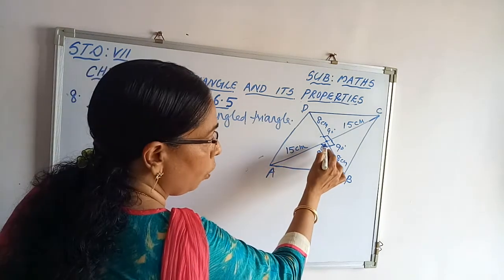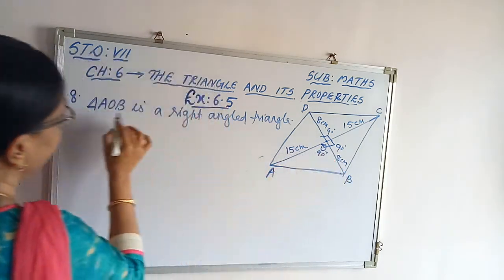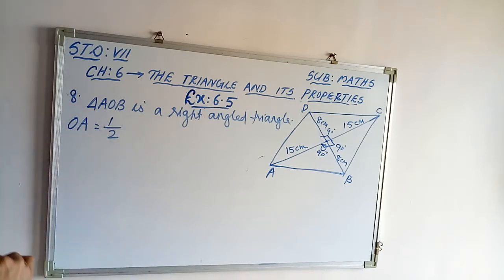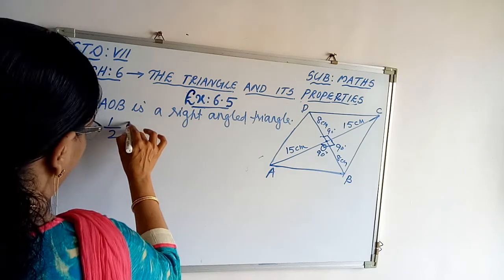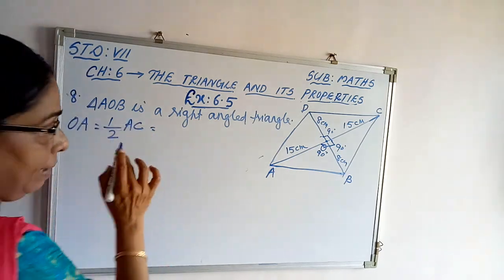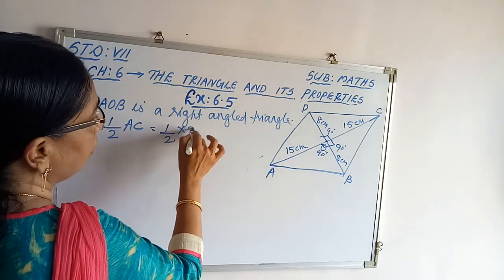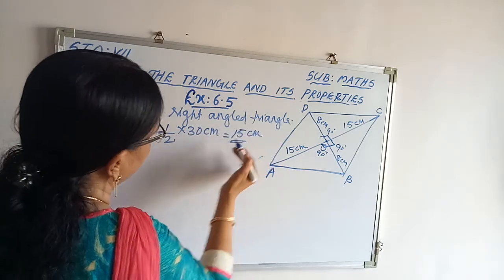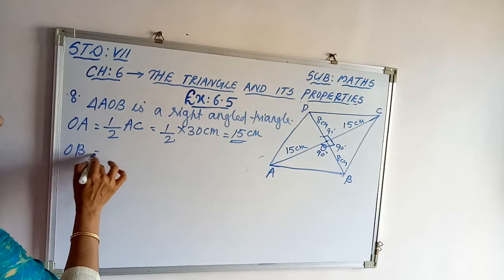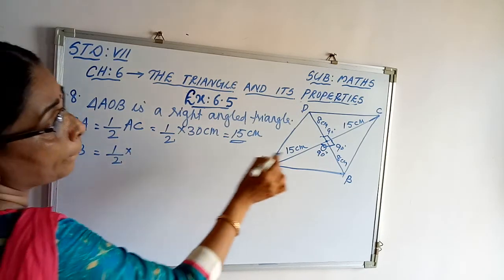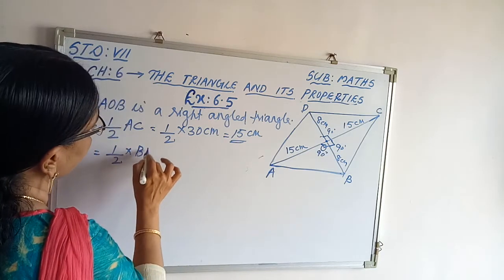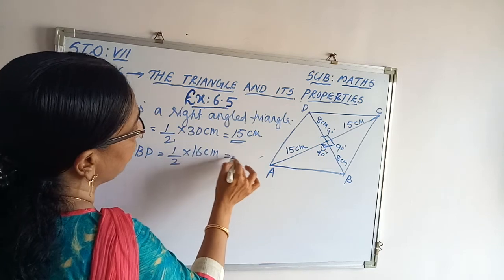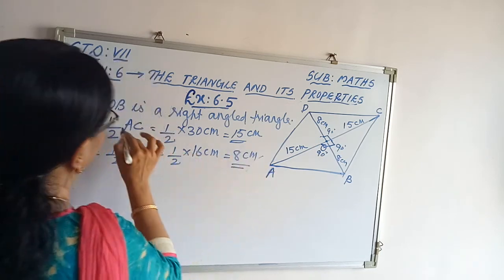Before that, I told you what OA and OB are. OA is equal to half of AC, as they bisect, half into 30 centimeter, that's equal to 15 centimeter, as I already wrote. Same way, OB we can find out: half into BD, that's equal to half into 16 centimeter will give you 8 centimeter.